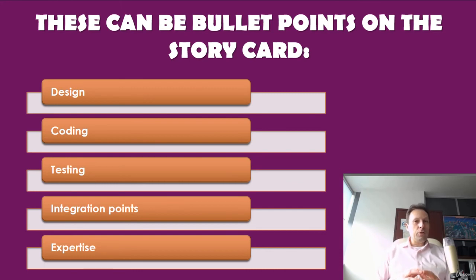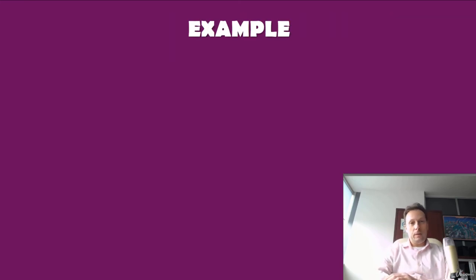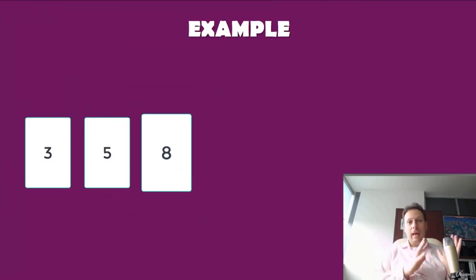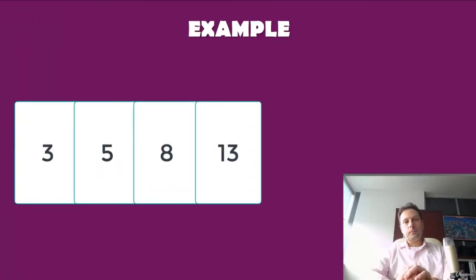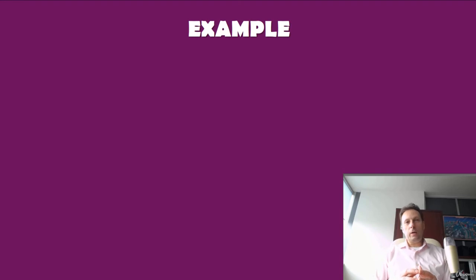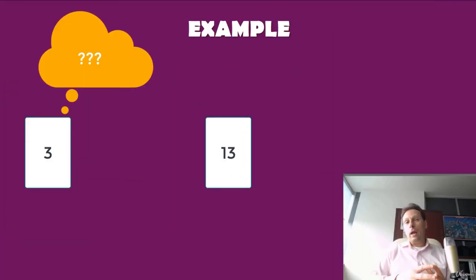This is established as the relative estimate of the story. But if the estimate cards are different, we have to discuss it. Now let's look at this example of a four-member team who hold up 3, 5, 8, and 13. At this point, we want to hear from the outliers, 3 and 13: why 3 and why 13.